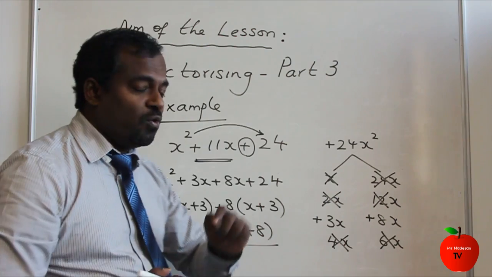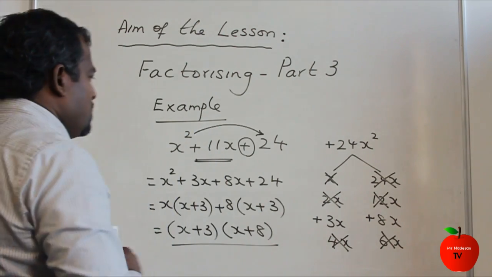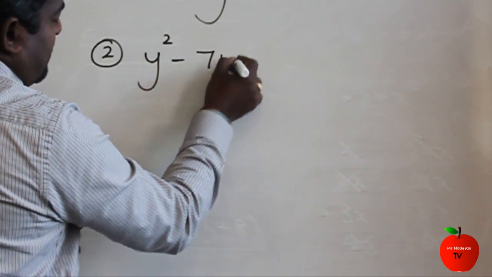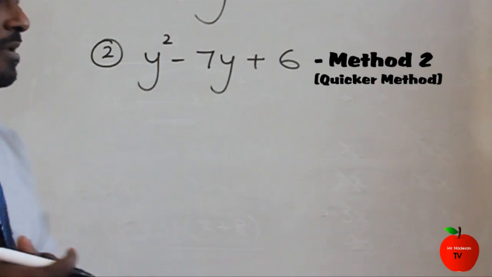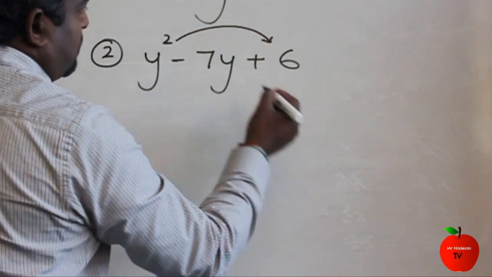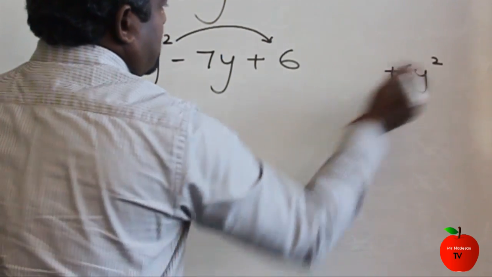Now I just want to explain one more question: y squared minus 7y plus 6. Multiply first and last, which comes to plus 6y squared.